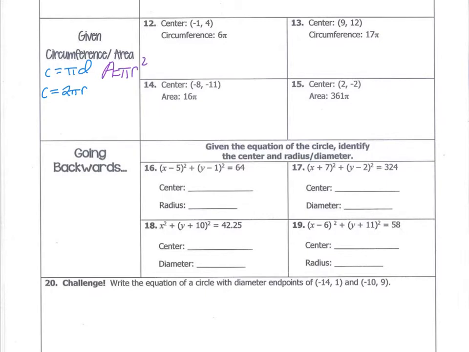You have to know those. So they give us a center, which is our h and our k, and they give us our circumference. The reason why they're giving you circumference or area is so that we have a way to find radius. Because given the center, all I need is radius for my equation.